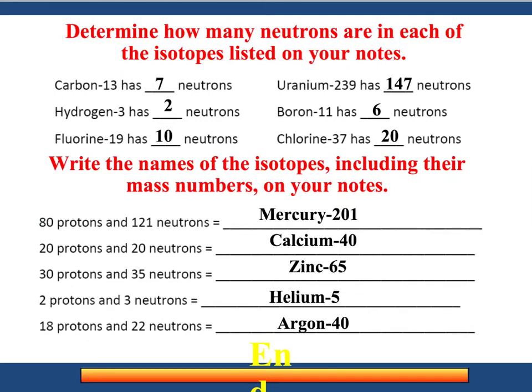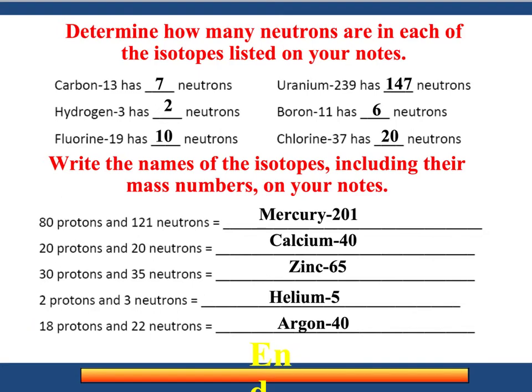Alright, so here's the same thing with all the information filled in. So go ahead and just copy this down on your note sheet. Alright, again, to find the neutrons, don't forget, you're taking your proton number and subtracting that from your mass number.